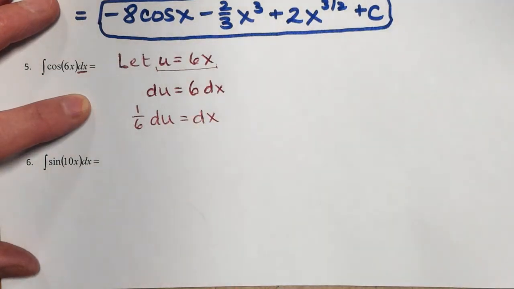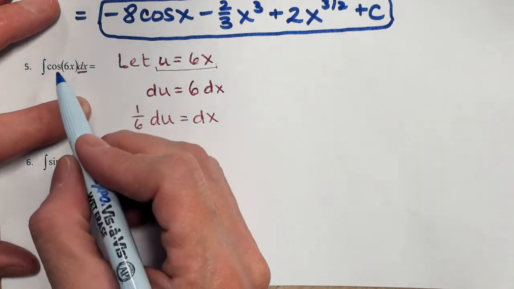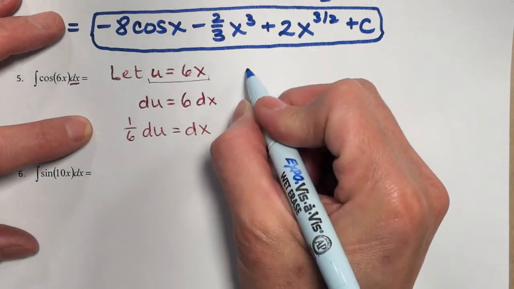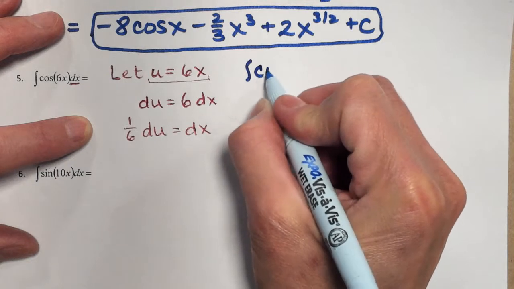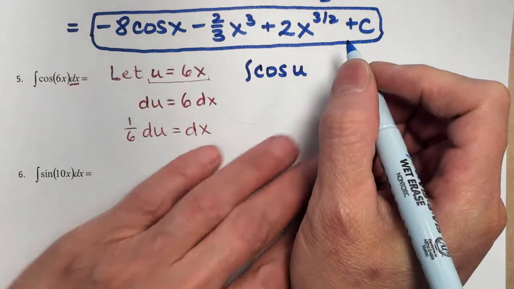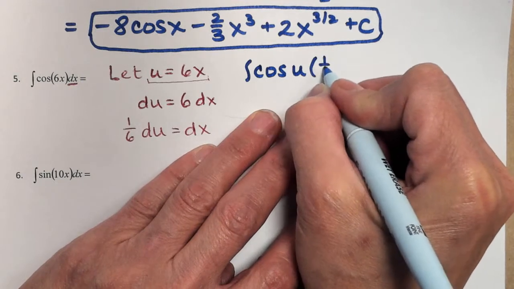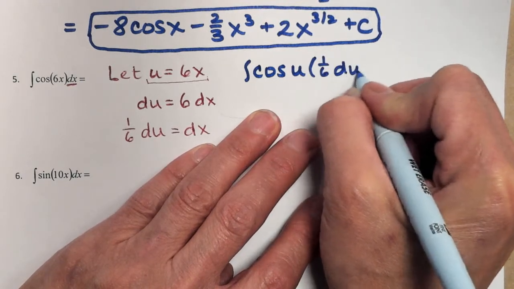And I get that dx is 1/6 du. Okay, now I'm going to rewrite my integral. So this is going to be the integral of the cosine of u, and then times I have 1/6 du.